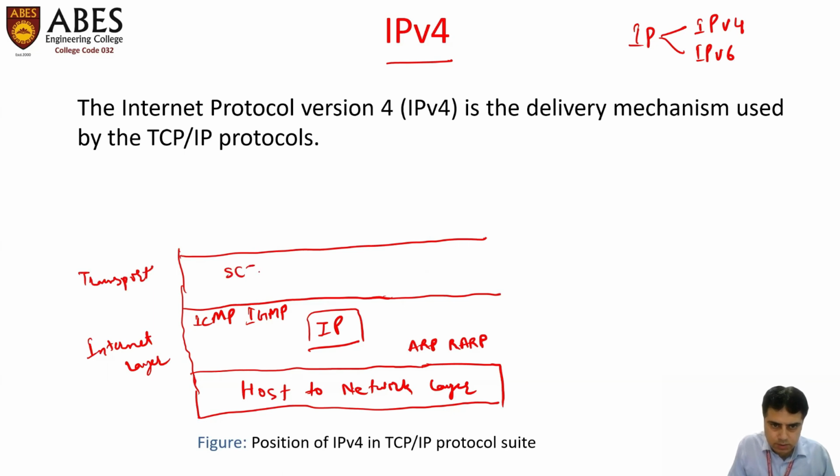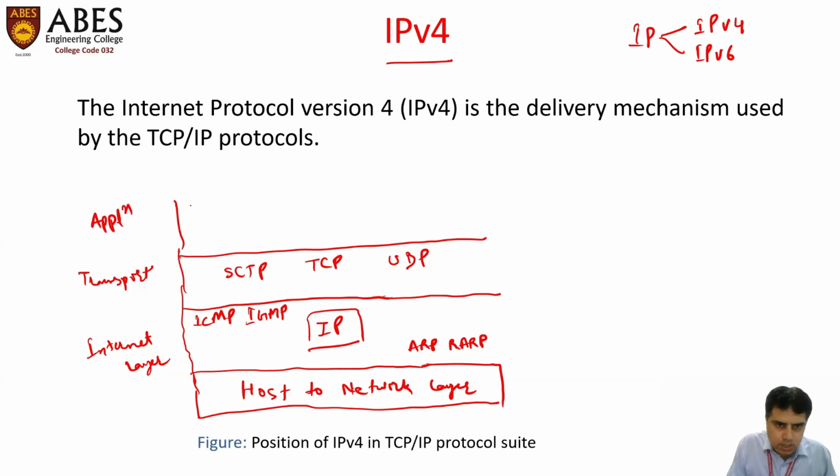Here is SCTP, Stream Control Transmission Protocol, TCP, Transmission Control Protocol, UDP, User Datagram Protocol. Above it is the application layer.